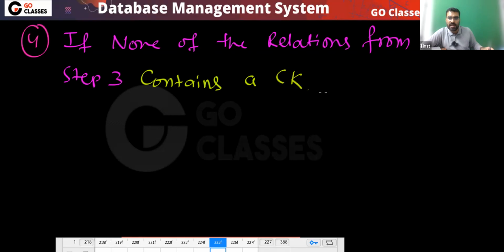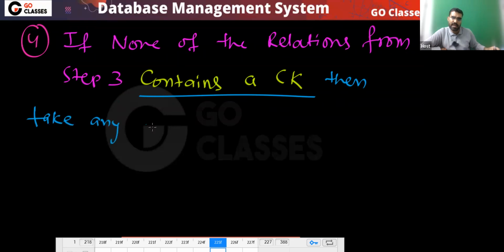This is the simple point. If none of the relations from step 3 contains a candidate key, then what you do? Then take any one candidate key and make one separate relation for it.